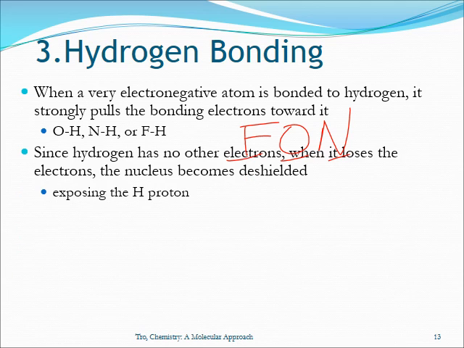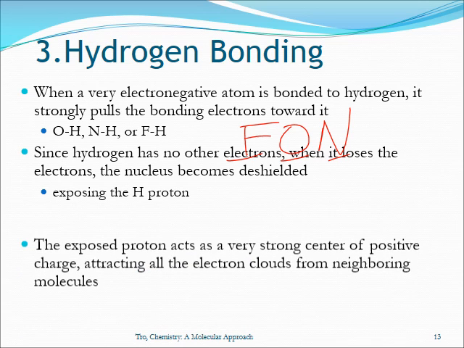Since hydrogen has no other electrons, just that one electron, it's ready to lose that electron and exposes that proton. That nucleus becomes deshielded, meaning it's very positive, H+, because that electron's been stripped off.